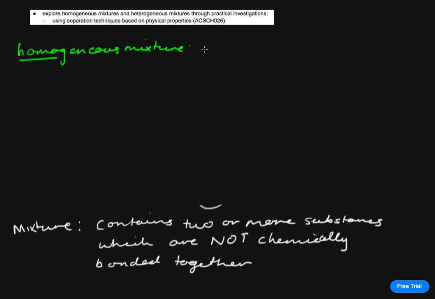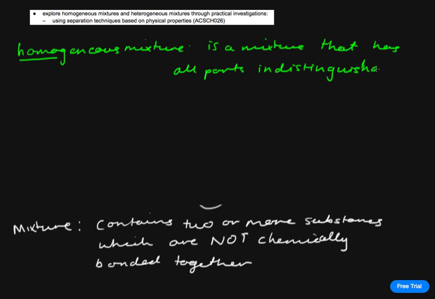So, a homogeneous mixture is a mixture, and we'll use the proper definition, that has all parts indistinguishable from one another.